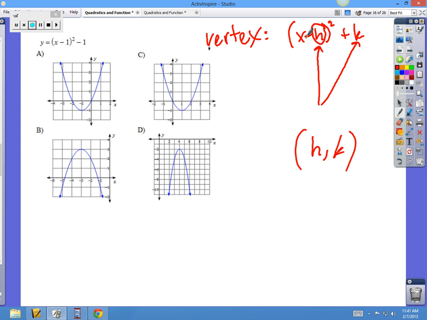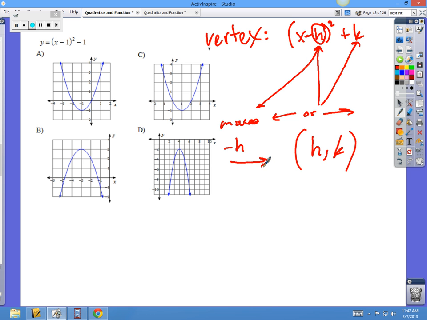So this value inside the parentheses moves your vertex left or right. This number outside of the parentheses moves it up or down. So the h moves it left or right. That's your horizontal shift. If it's a negative h, is that moving right or left?